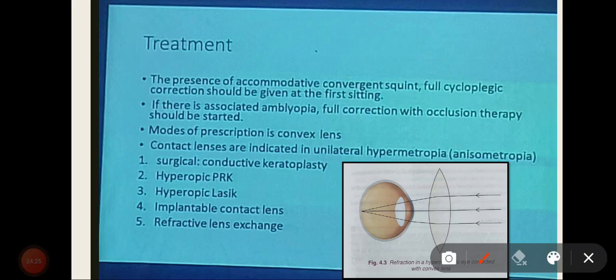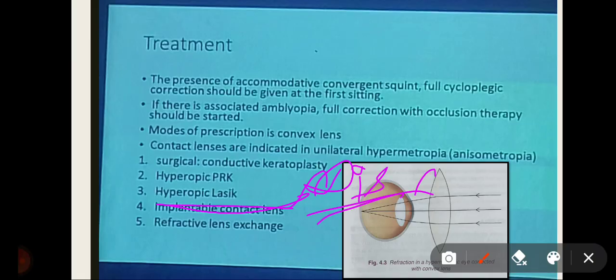And these have disadvantages also. They are costly. They are cumbersome to wear, especially in old age and childhood, and corneal complications may be associated.